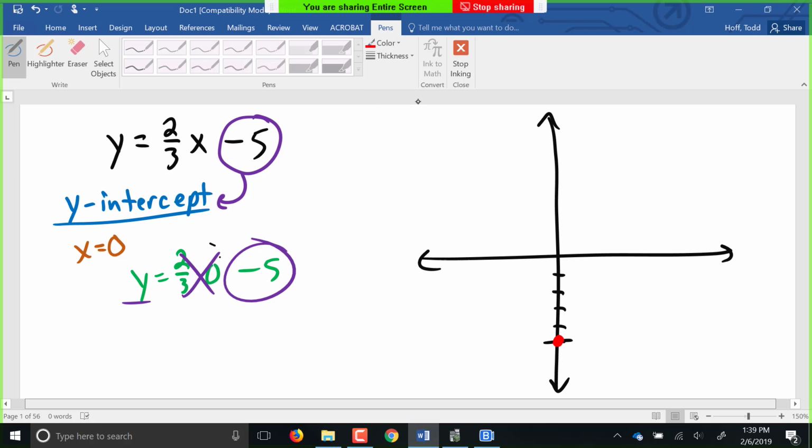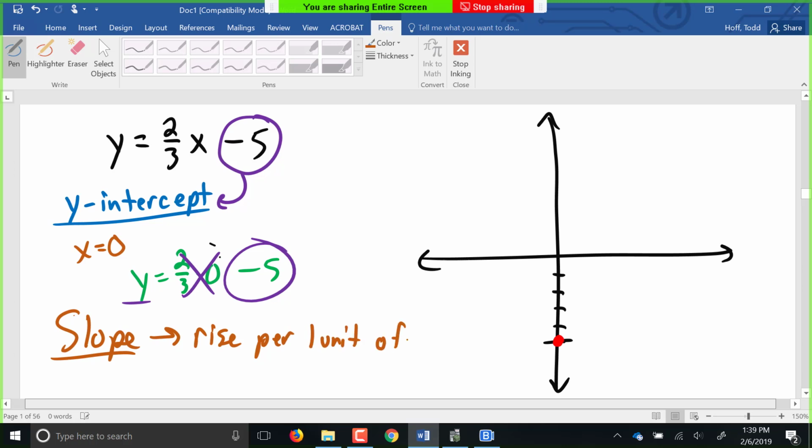The slope being a rise over run, there's 2 ways it can be thought of. It can be, as we saw it, units of rise, units of change in the y over the units of change in the x, or it can be thought of as the rise per 1 unit of run.